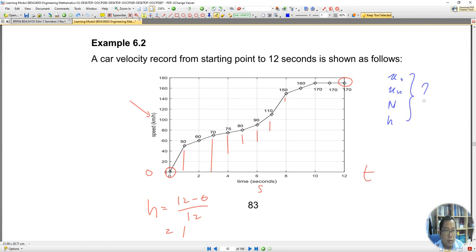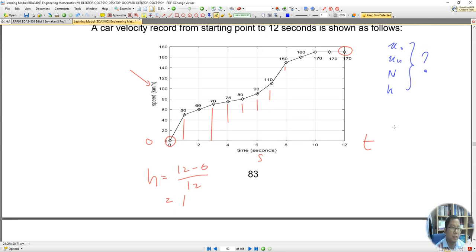All these things. So how are you going to get the h? If x0 and xn are given, fine. If not, then you can straightforwardly get the h value.